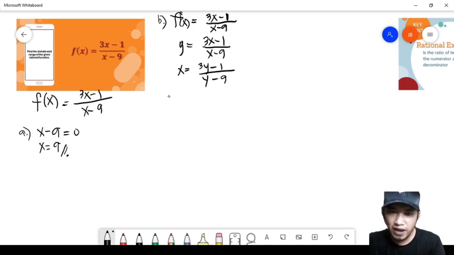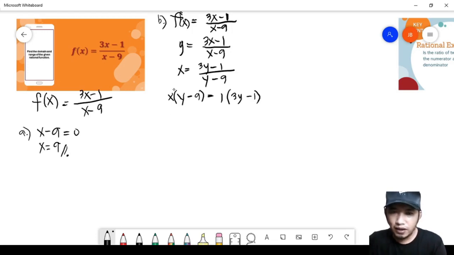Cross multiply becomes x multiplied to y minus 9 is equal to 1 multiplied to 3y minus 1. Ayan.